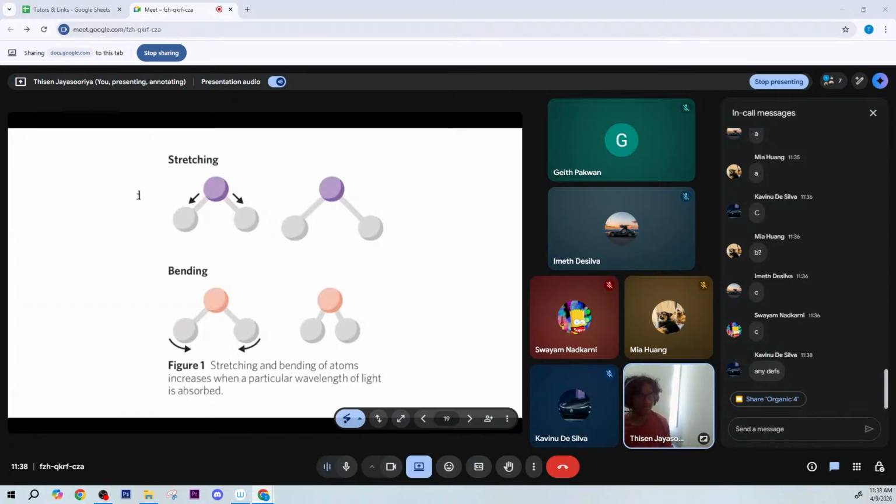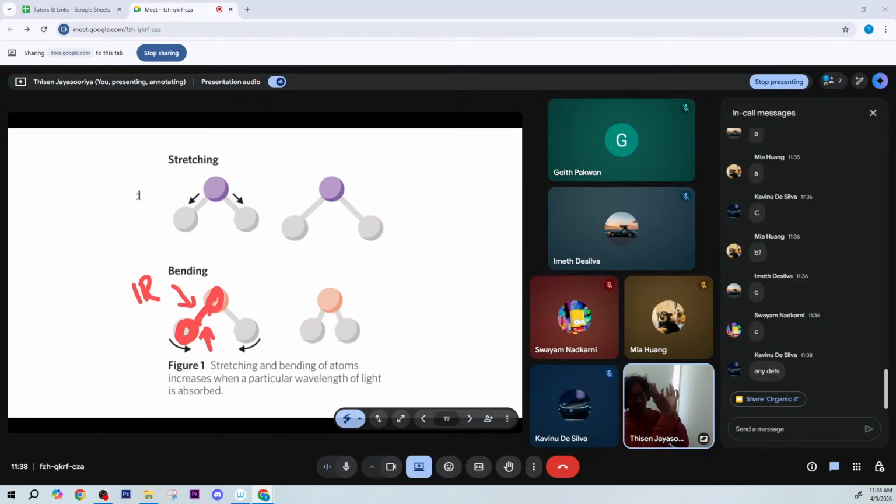So the point of this slide is essentially what IR spectroscopy uses is that it shoots IR or infrared light into a compound, and this causes its bonds, the bonds between atoms, to move. Sometimes they can stretch, sometimes they can bend.